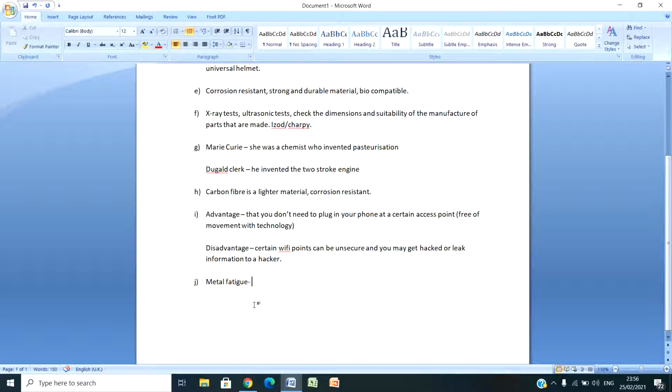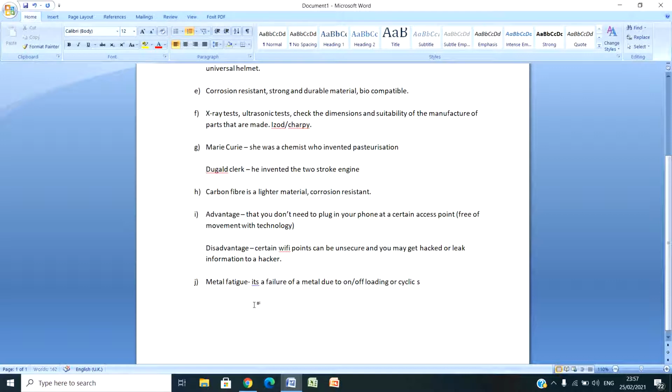And what that is, it's a failure of a metal due to, now, I can remember this since the day I put it down for my Leaving Cert exam. Okay. So just try and remember this. It's a failure of a metal due to on or off loading or cyclical stress.